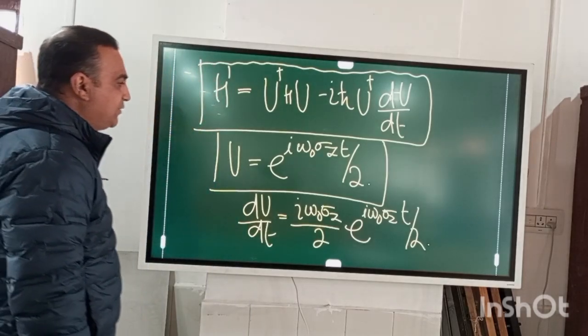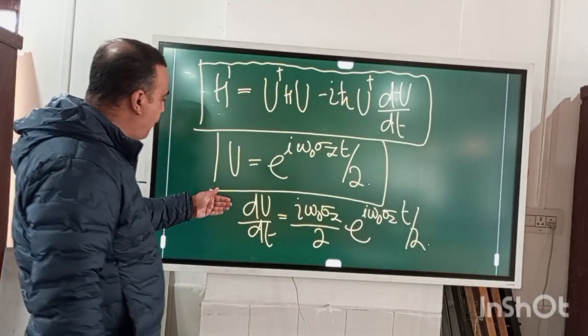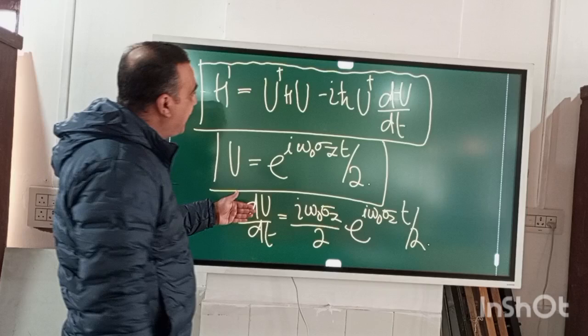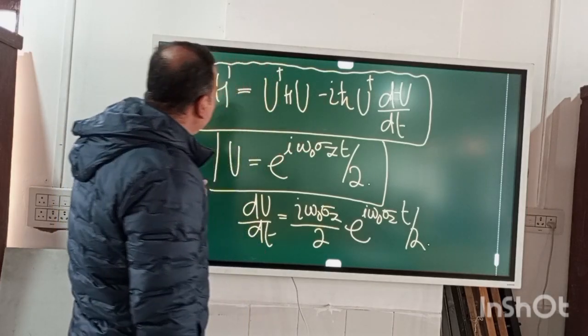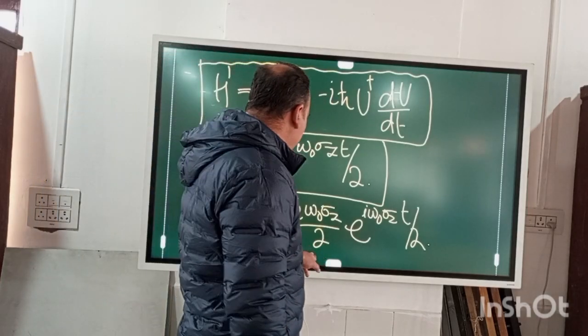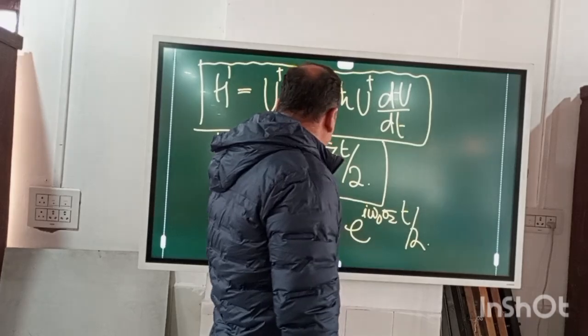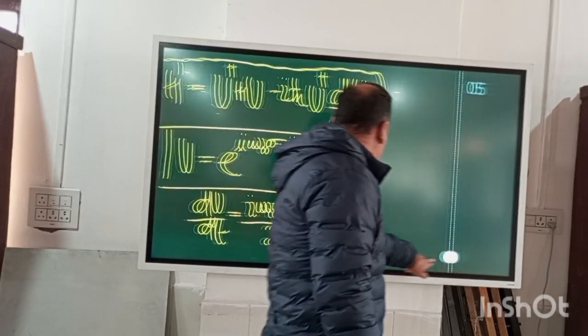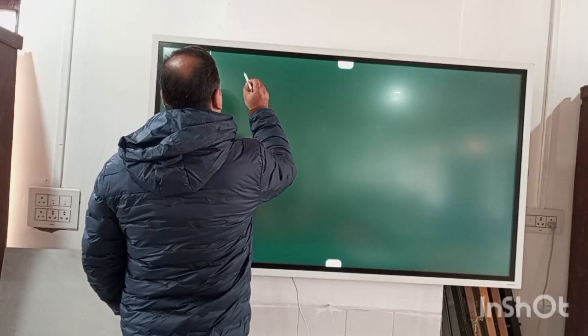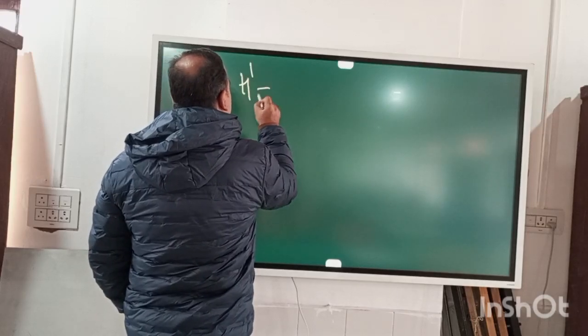All right, so this is how it goes. For du by dt, I can use that in my equation, and what will I obtain from here? I'll obtain h dash.